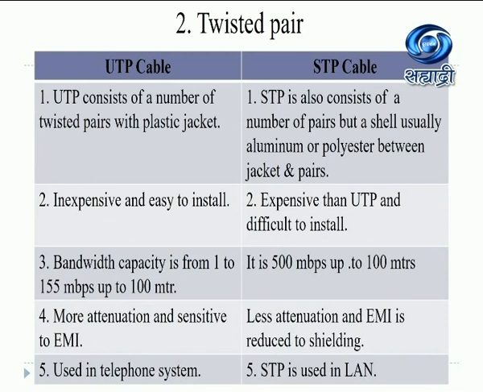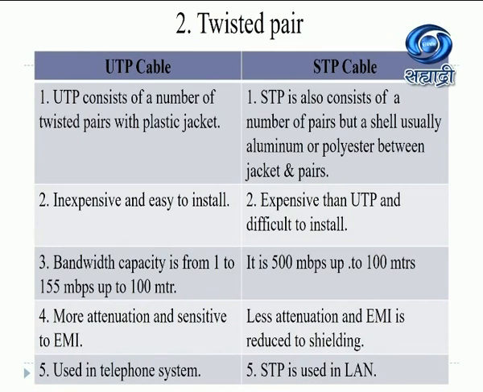In case of the UTP cable, it consists of a number of twisted pairs with a plastic jacket, and in case of the STP cable, it also consists of a number of pairs but a shell, usually aluminium or polyester, is present between the jacket and the pairs. Next point: the UTP cable is inexpensive and easy to install. But the STP cable is more expensive than UTP and difficult to install.